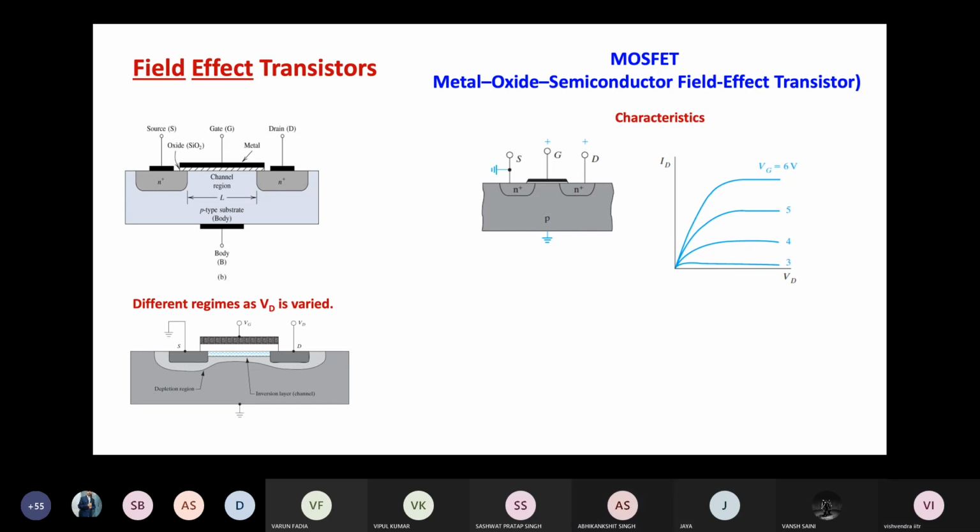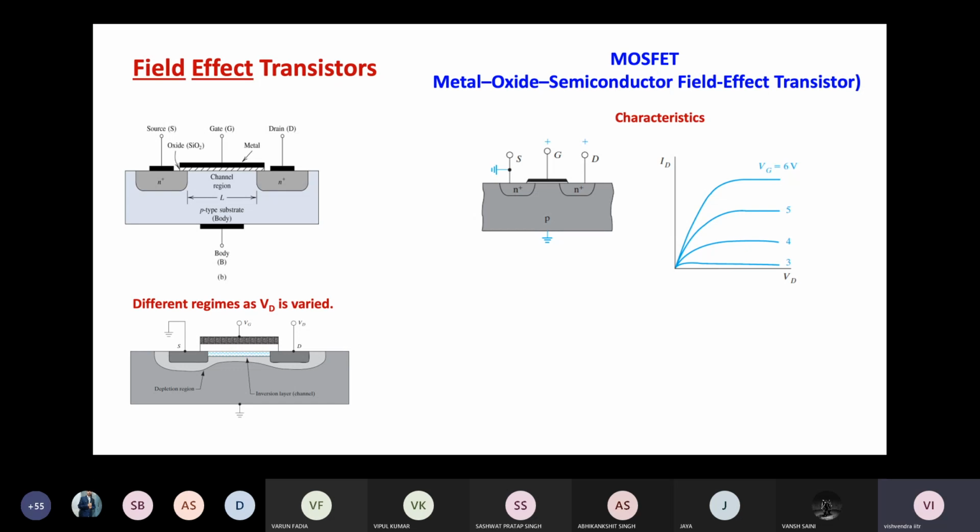Yes, sir. So this is the IV characteristics of the MOSFET. As you can see, these are the gate voltages: 3, 4, 5, 6. It means that if a positive gate voltage is there, it will create a thin inversion layer of electrons, and that will allow electrons to flow from source to drain.